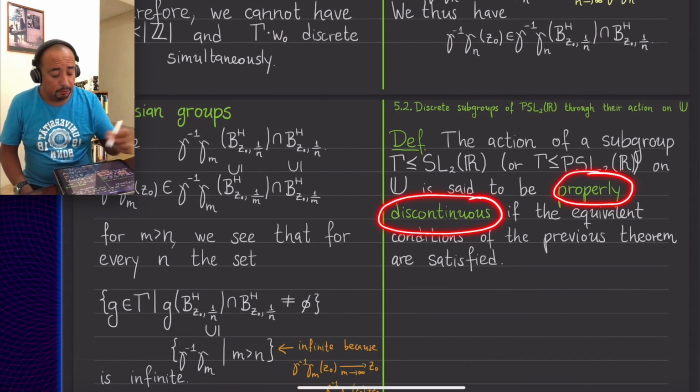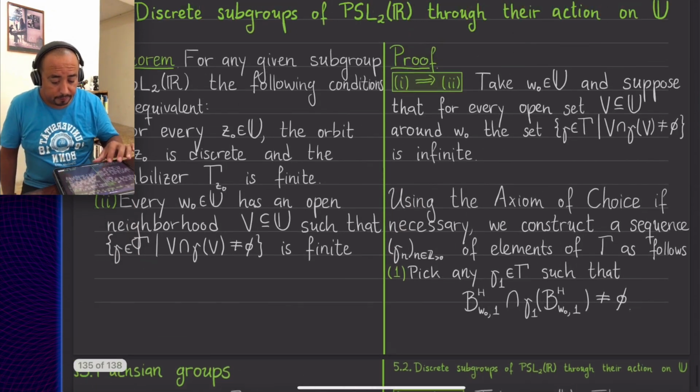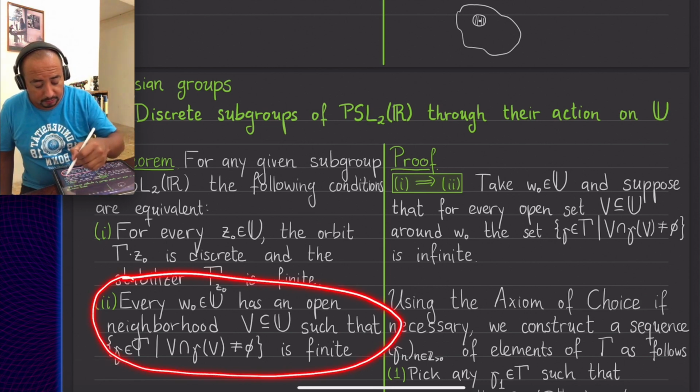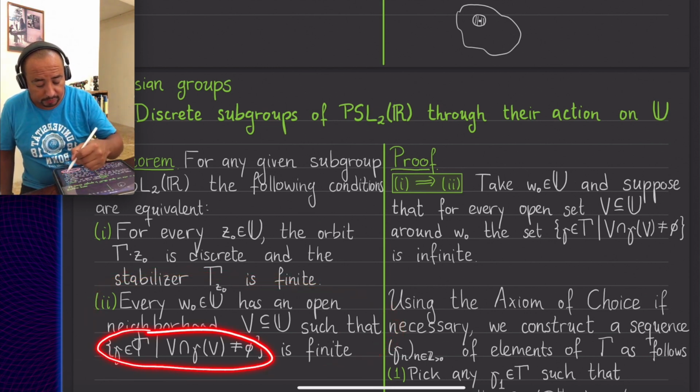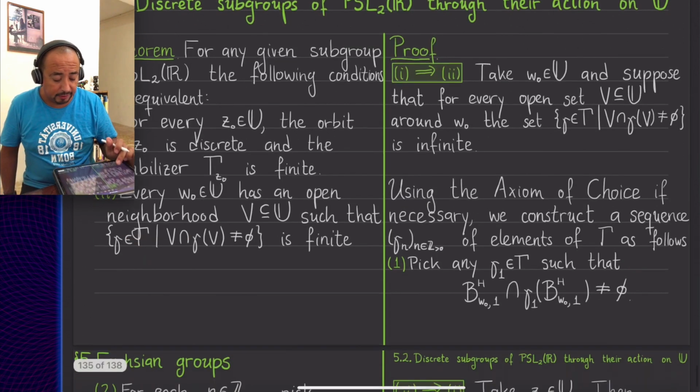And maybe to emphasize, I would say properly discontinuous in the weak sense, right? If some confusion arises, I would say that it's proper discontinuity in the weak sense, and proper discontinuity in the strong sense. I would say that it is when, here in 2, this set only consists of the identity, or when the stabilizers are all trivial.